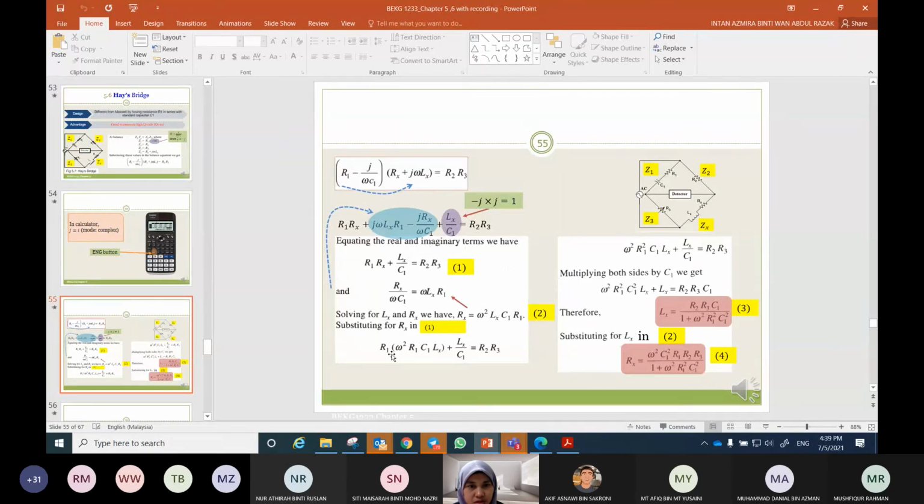So R1 multiply with Rx, so Rx is equal to this omega square Lx and so on, plus Lx over C1 equal to R2 multiply with R3. We expand this, and then finally we take out the Lx, and we will have R2 and this.